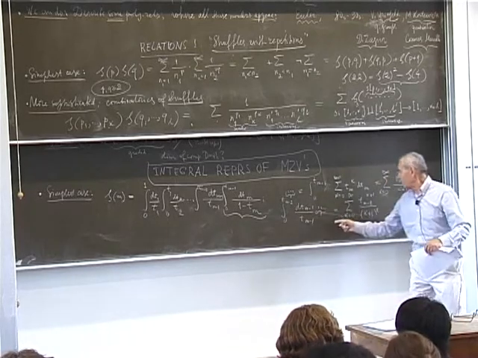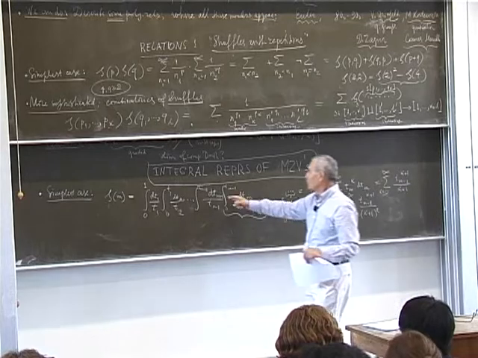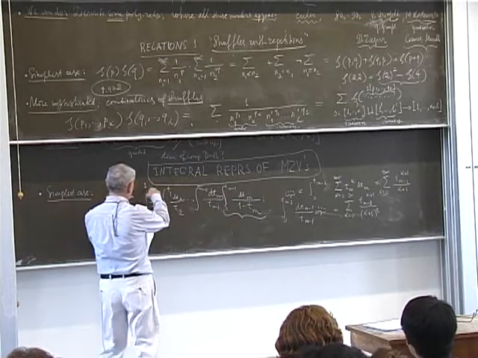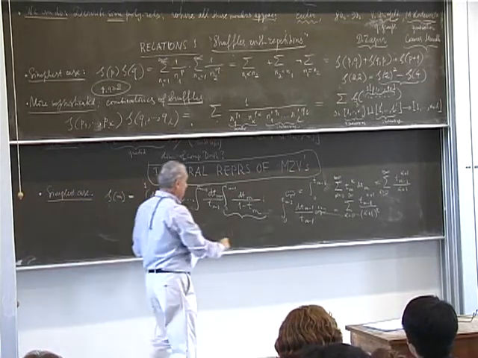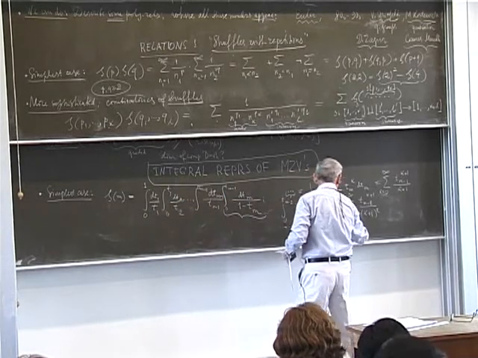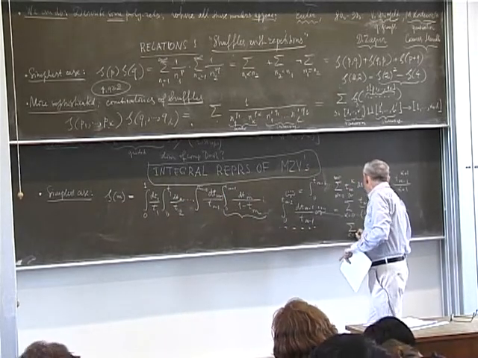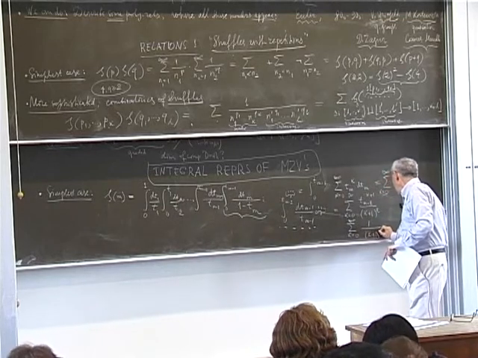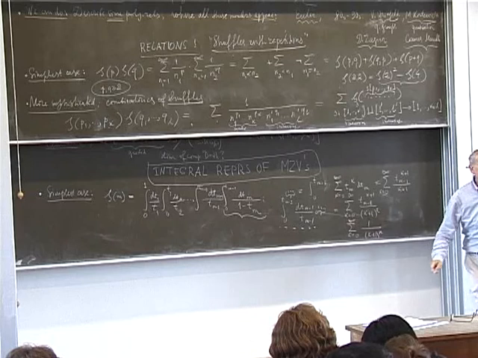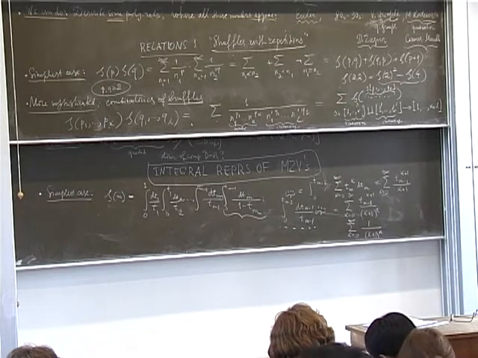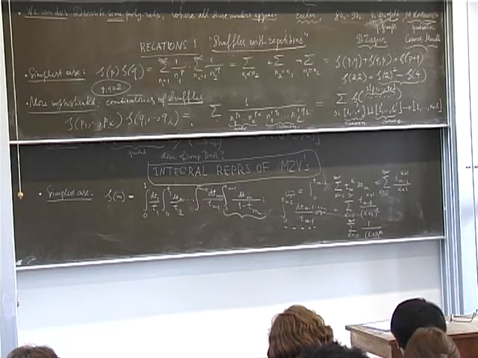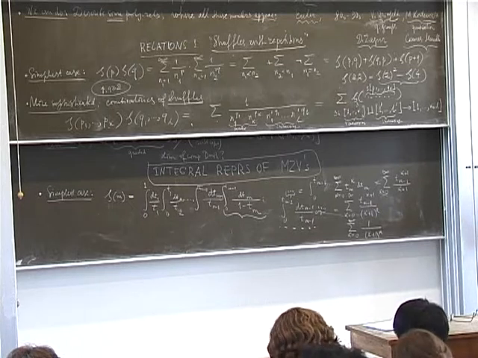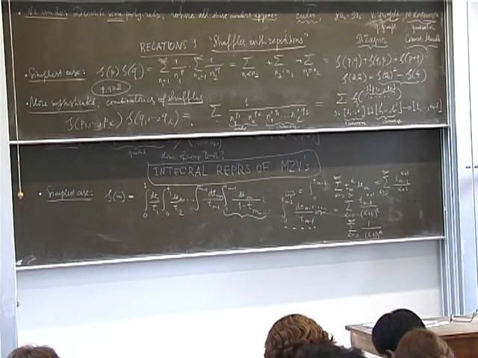And since you repeat this story m minus 1 more times until the upper limit becomes 1, at the very end, you get exactly this. And this is, of course, the value of zeta, right? And this was the simplest case.